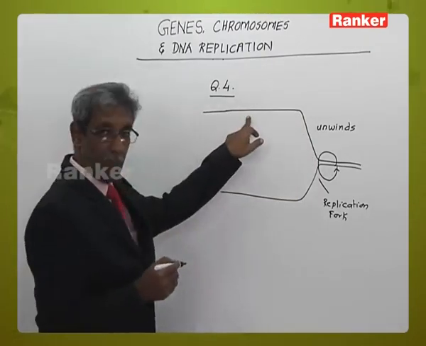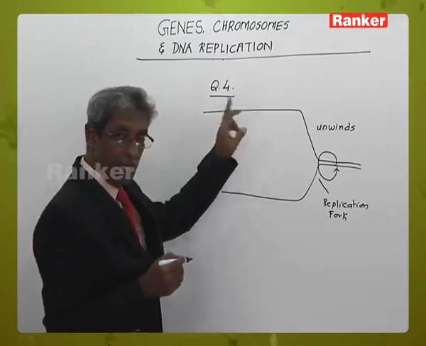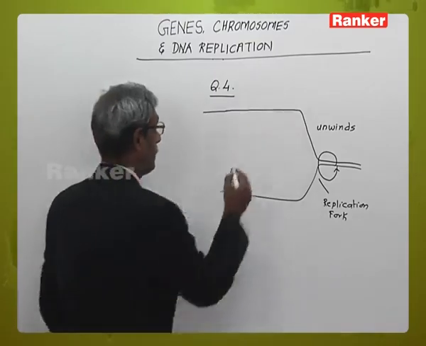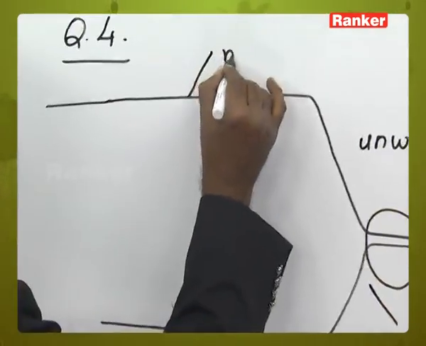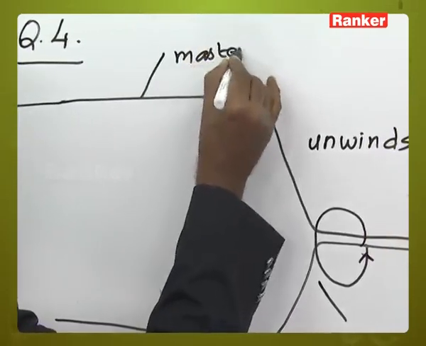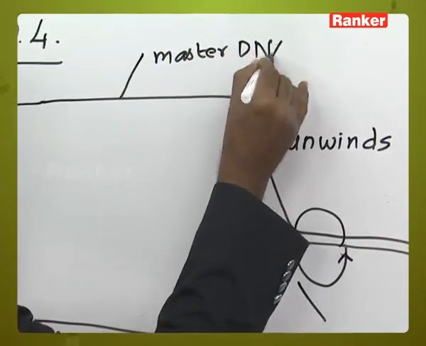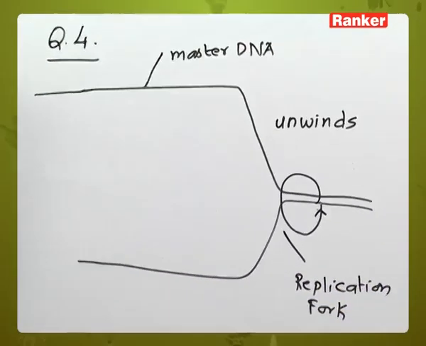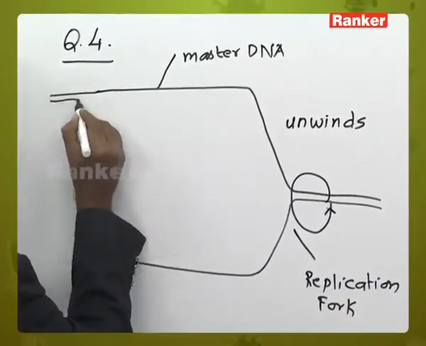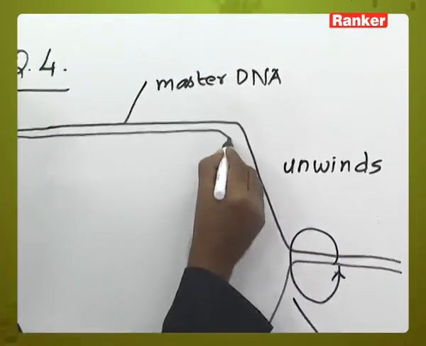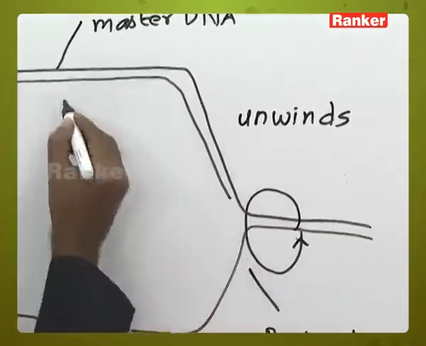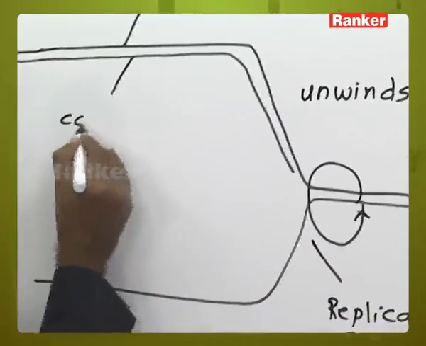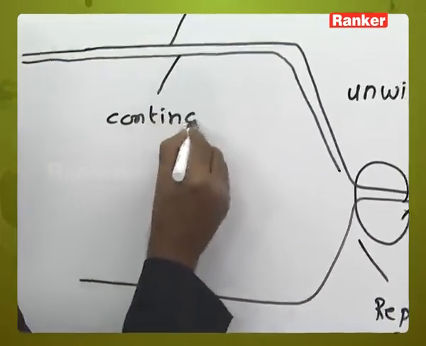This strand is called the master DNA. Right below the master DNA, there is the formation of a continuous strand.